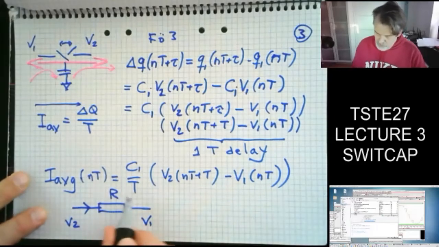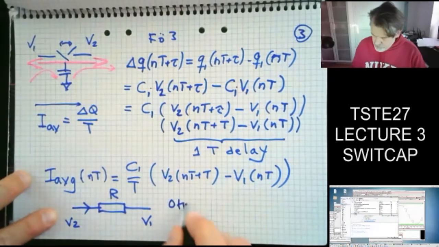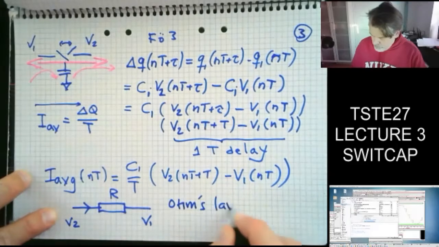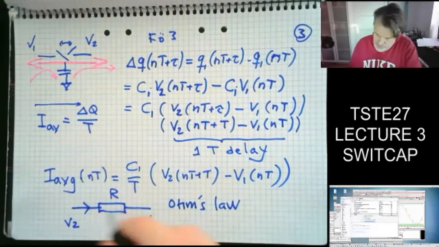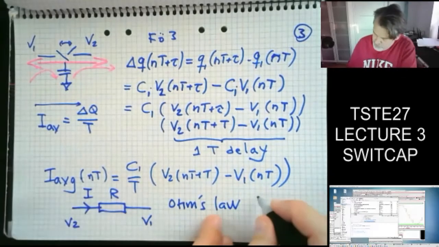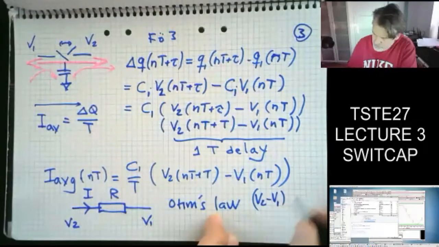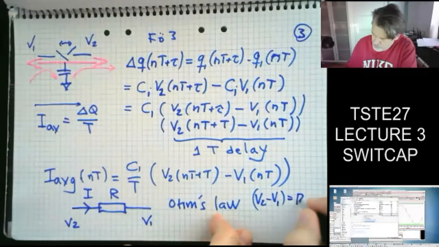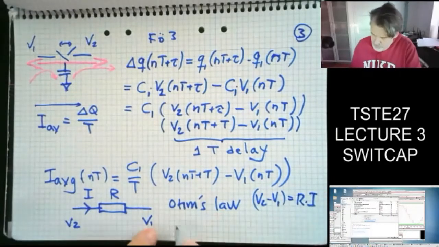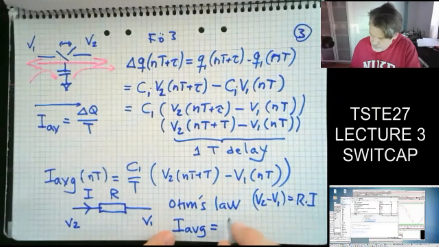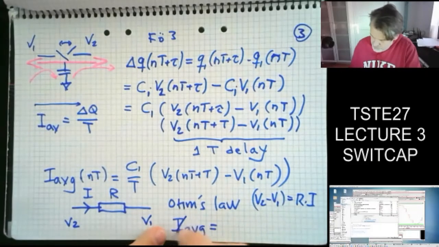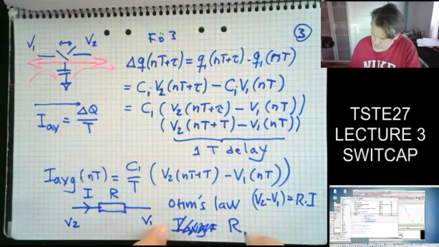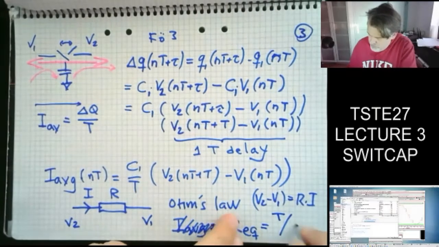So if we compare with Ohm's law, we have V2 minus V1 equals R times I. And then we see that R equivalent is simply going to be T over C.